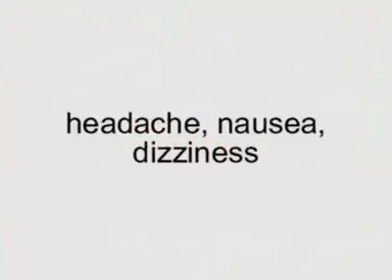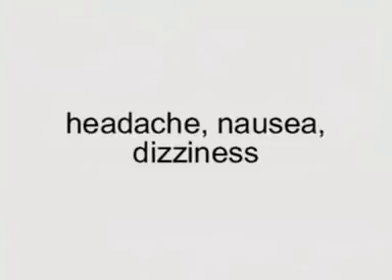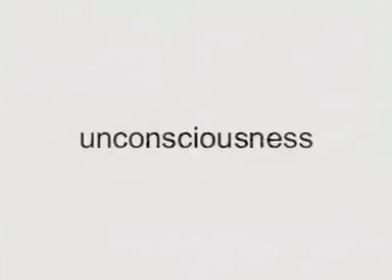If exposed to 3200 ppm, nausea and dizziness will result in 2 to 10 minutes, unconsciousness in 20 minutes, and death in 30 minutes. At 6,400 ppm, nausea and dizziness will result in 1 to 2 minutes, unconsciousness in 5 to 6 minutes, and death in 10 to 15 minutes.